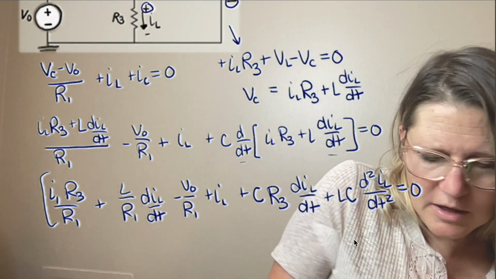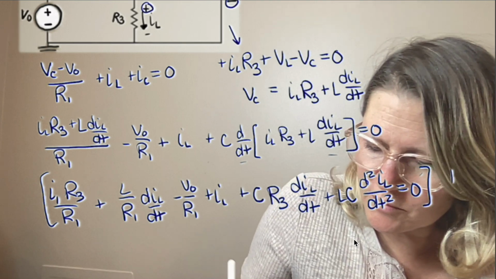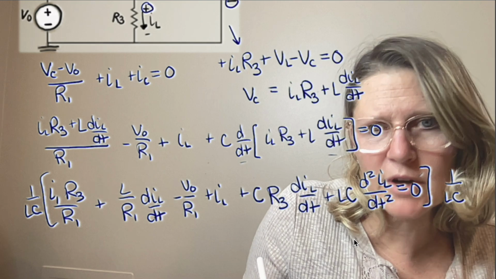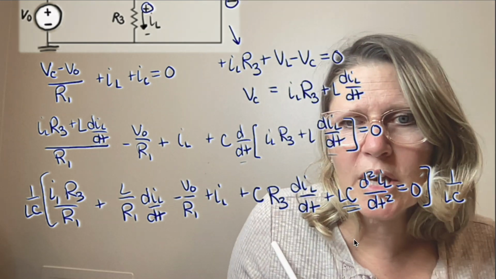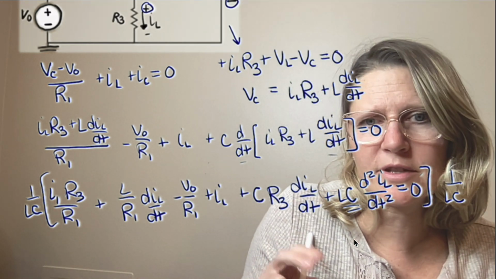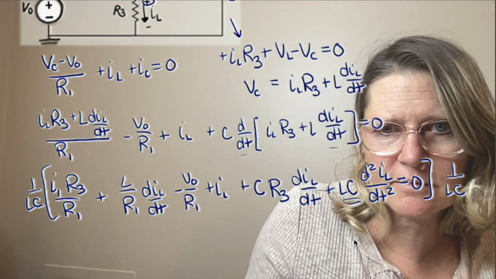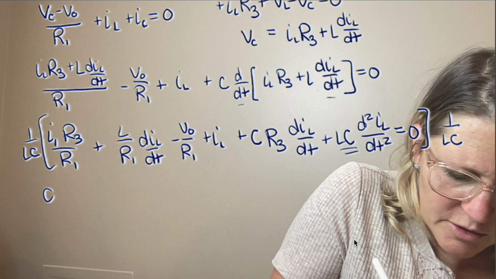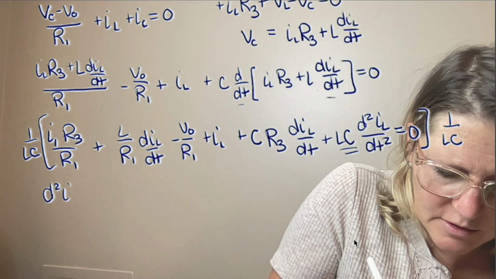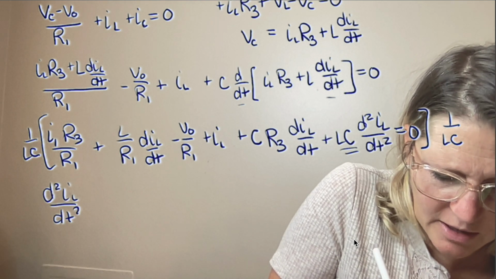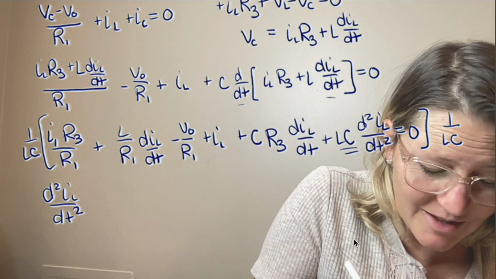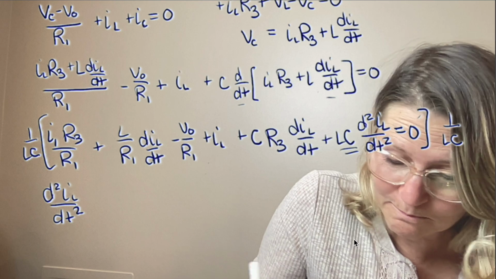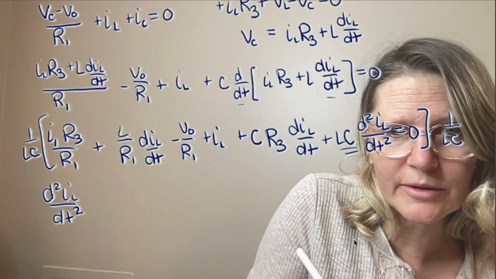Now I want to get rid of the LC, so I can multiply both sides by 1 over LC, just so that we have no term in front of the d squared IL dt squared. I'm going to bring that over to the left side. So this is my d squared IL over dt squared. The LCs will cancel.